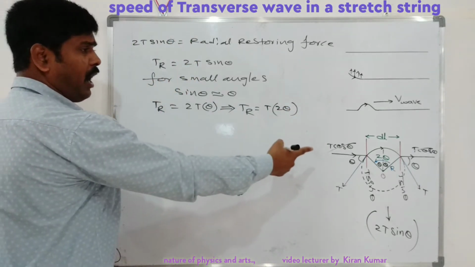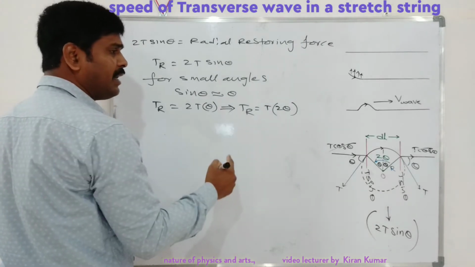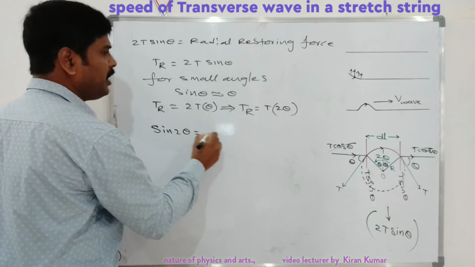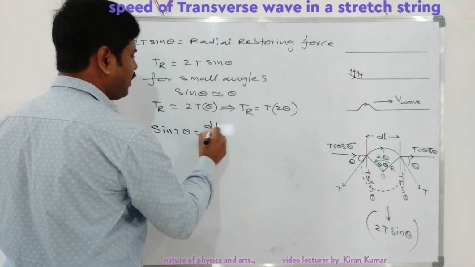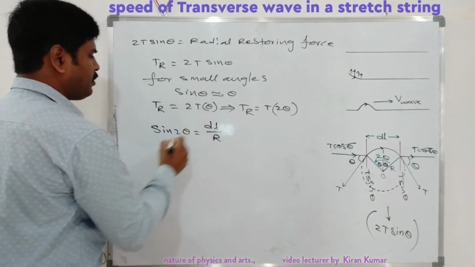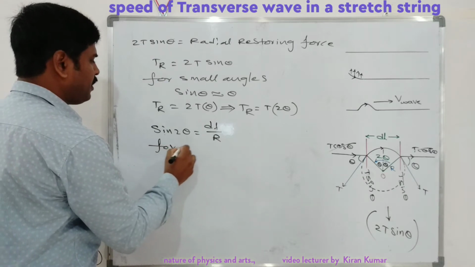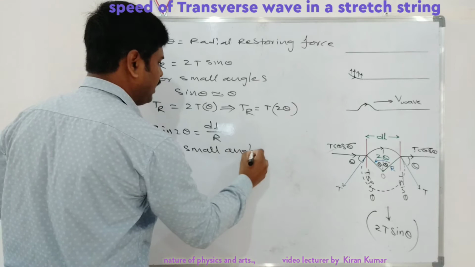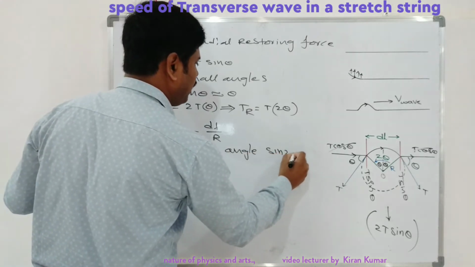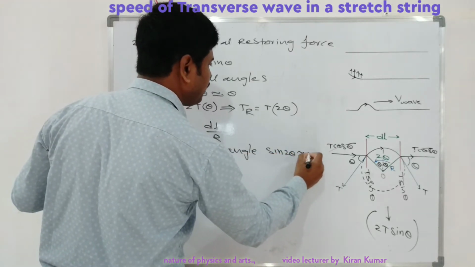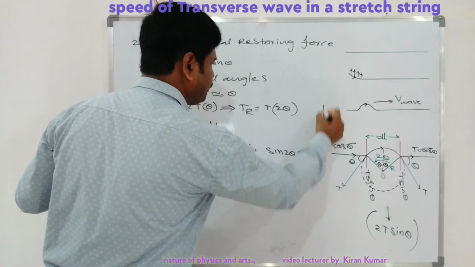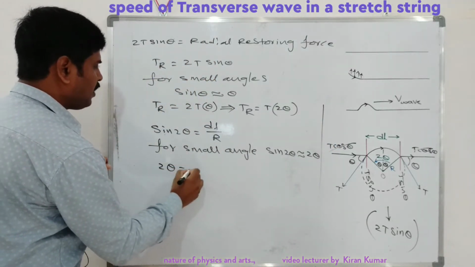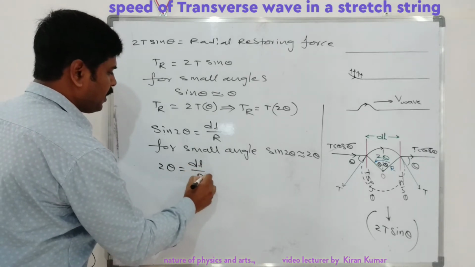From the arc, that is from the element dl, we can write sin 2 theta is equal to dl divided by r. So here also for small angles, sin 2 theta is approximately equal to 2 theta. Then the 2 theta value we got is dl divided by r.